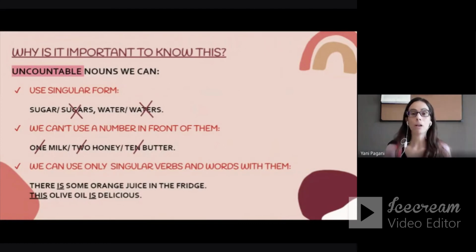For example, there is some orange juice in the fridge. Or this olive oil is delicious, with the singular word this and the singular verb is. No plurals with them.